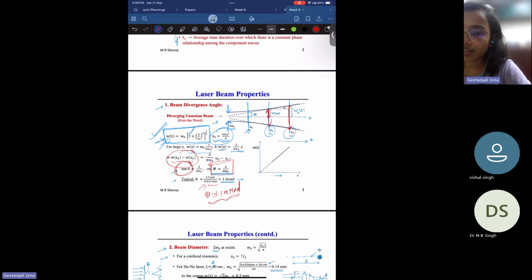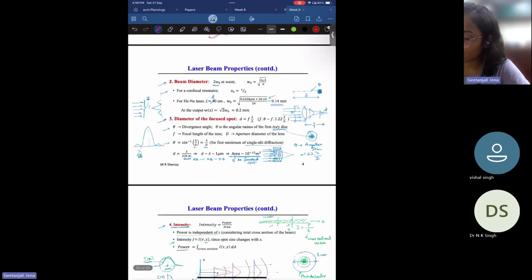This is the divergence angle for a helium neon laser. So this is how the spot size varies with respect to Z. When you consider higher Z, larger distance from the waist, we see a linear relationship between the spot size and the distance Z.